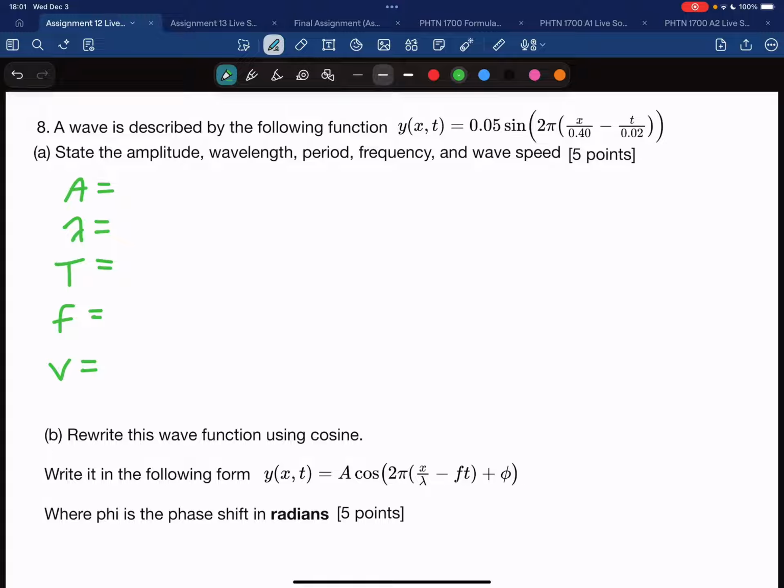The amplitude was just that first number out front, 0.05. The wavelength given to us was 0.4, what is underneath the x. And we're not given units here.